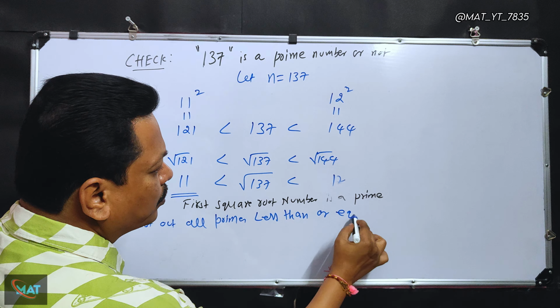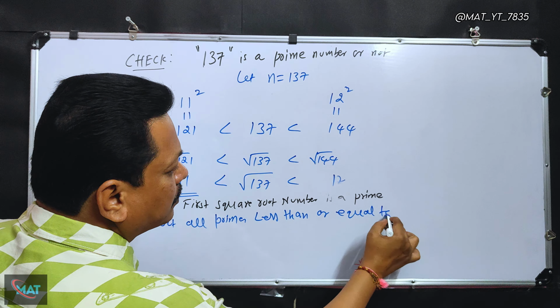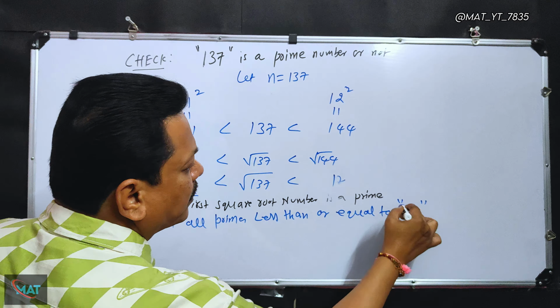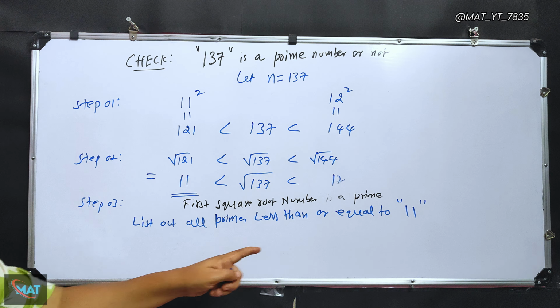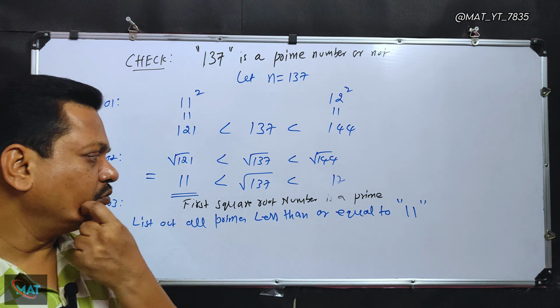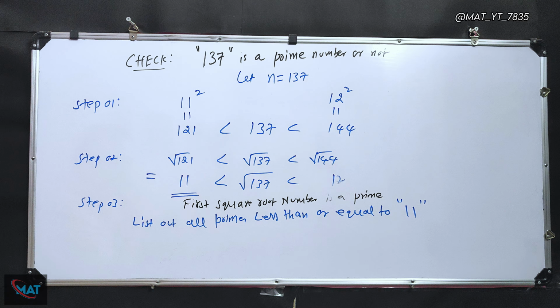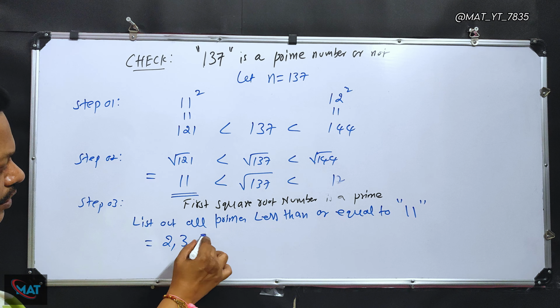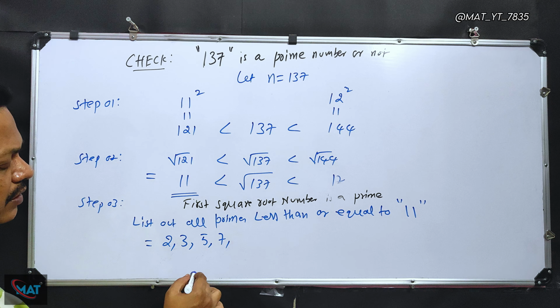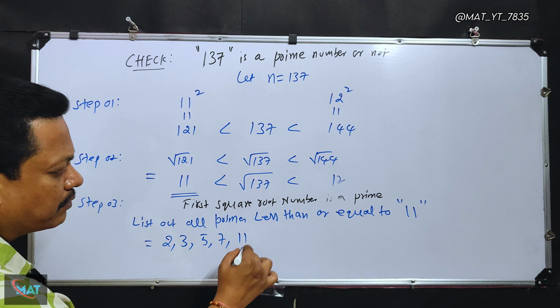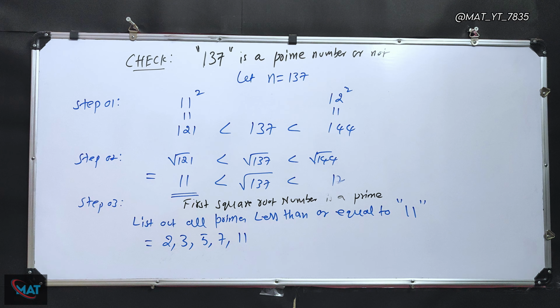If it is a composite number, there is no need to write equal to, only less than that number. Clearly what you get here: 2, 3, 5, 7, and next is 11, because I said less than or equal to 11.